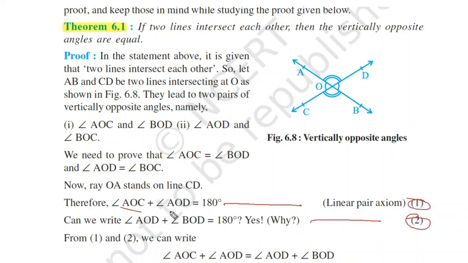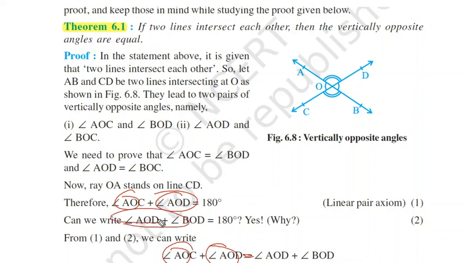Now from statement 1 and statement 2 we can see the LHS is different, but the RHS is equal: 180, here it is 180. Therefore we can say if the RHS are equal, then the LHS must be equal. So we can write angle AOC plus angle AOD is equal to angle AOD plus angle BOD.